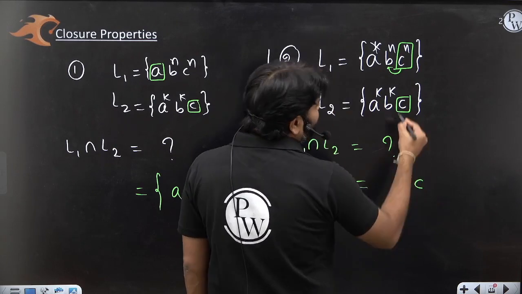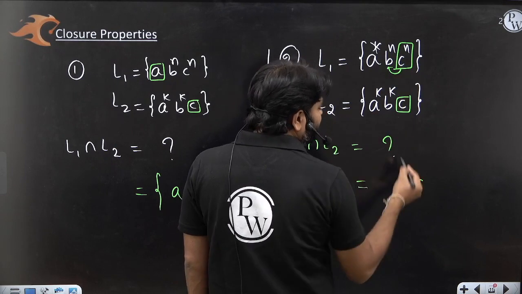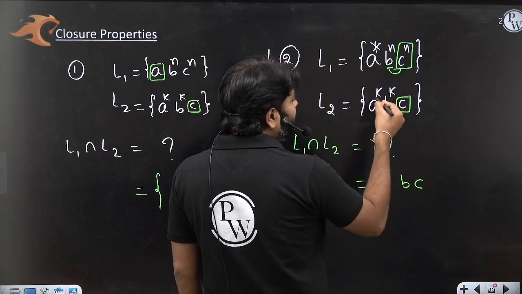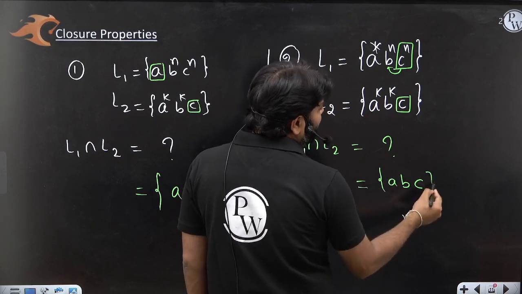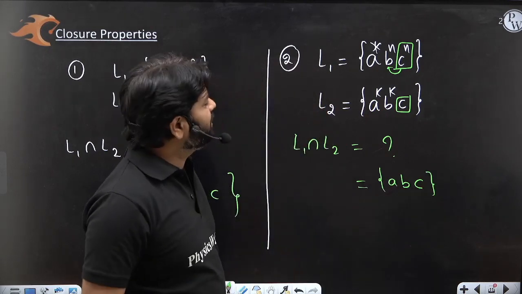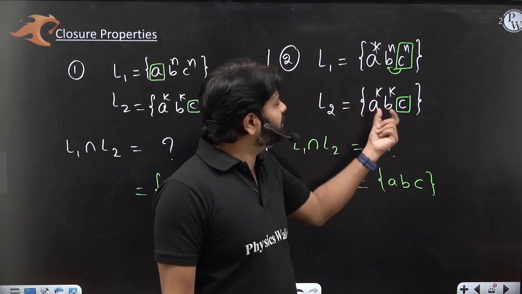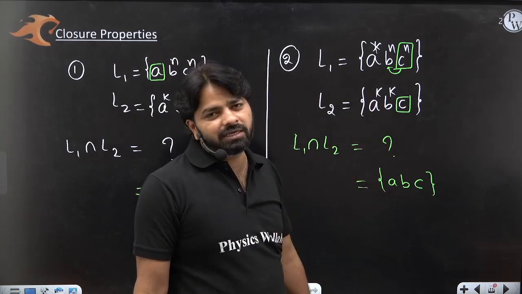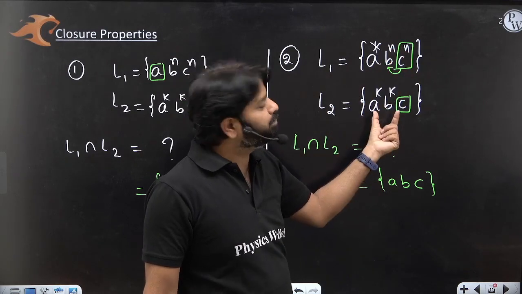One c is definite because that can only be common. When you put one c, then one b. When you put one b, then it demands one a. So this is the only string which can match both. If you try, you will not get any other. Only the one thing which is possible in both of them, that is a, b, c. Here maybe c square possible, b square possible, but here impossible.